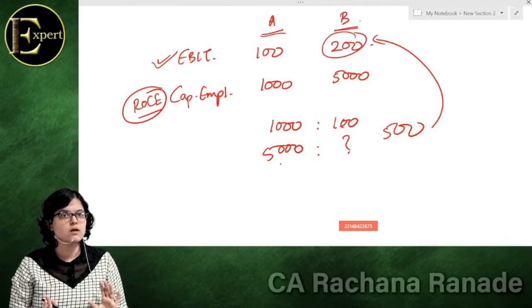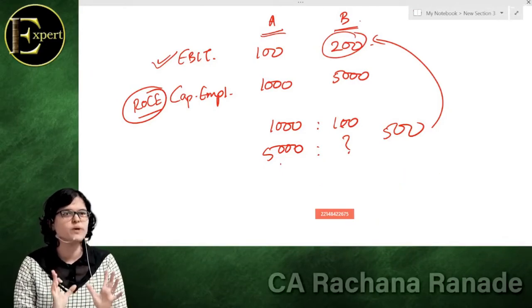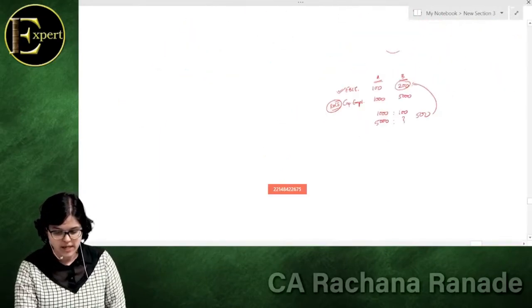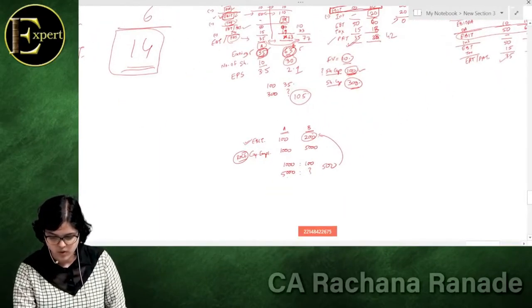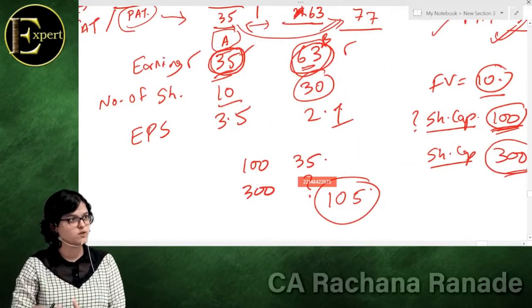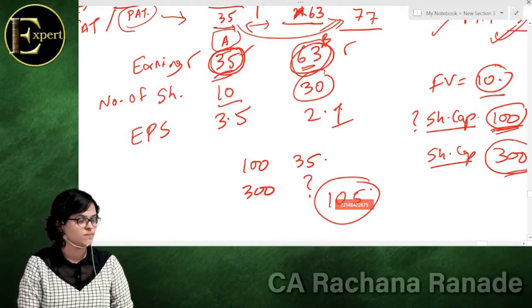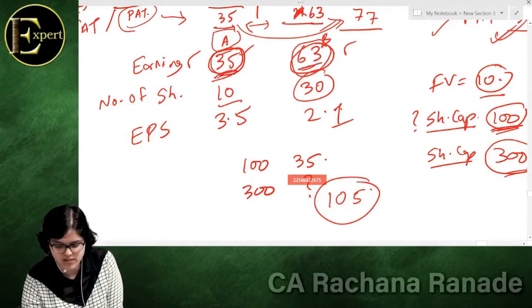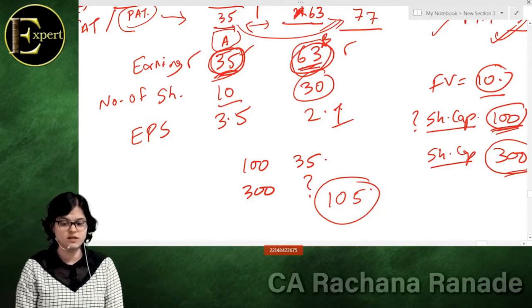Now let us again move on to PE ratio. Why did we jump here? Because to calculate this, we talked about how much is earning per share. We jumped to this because we were calculating earning per share. So one last time. How much is earning? 35. How much is earning? 63. What is this earning?